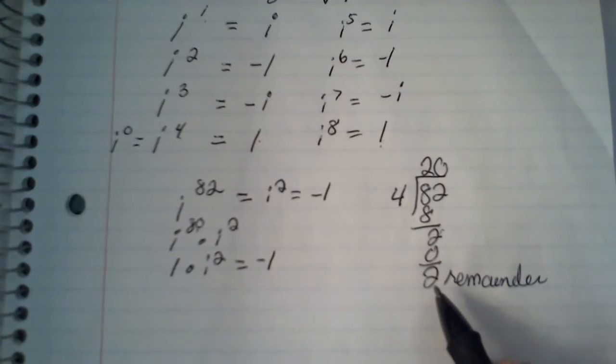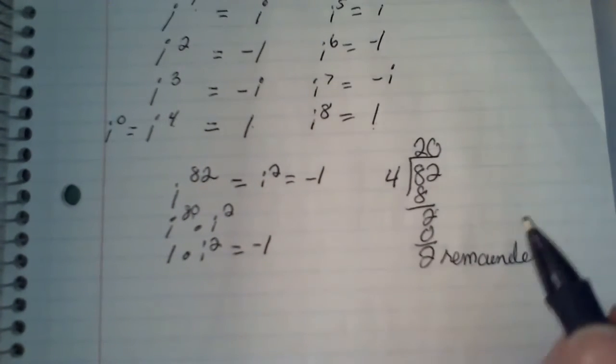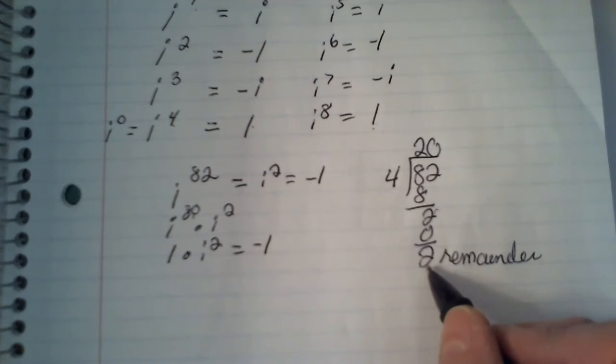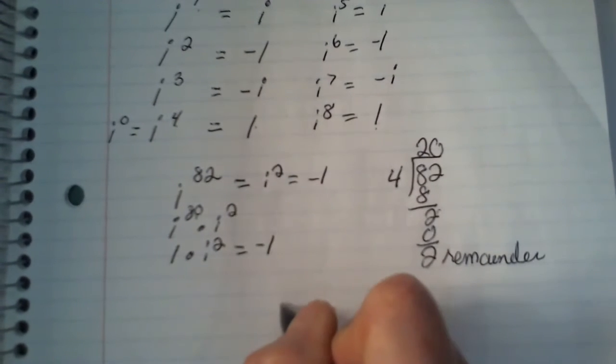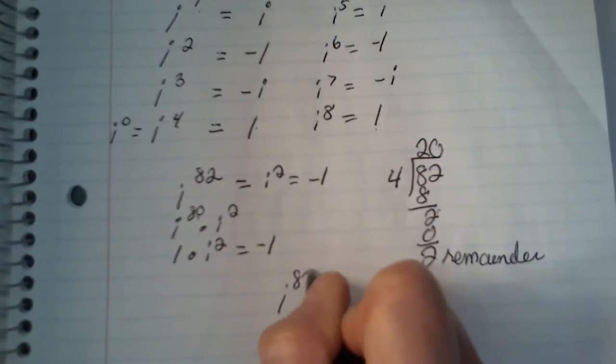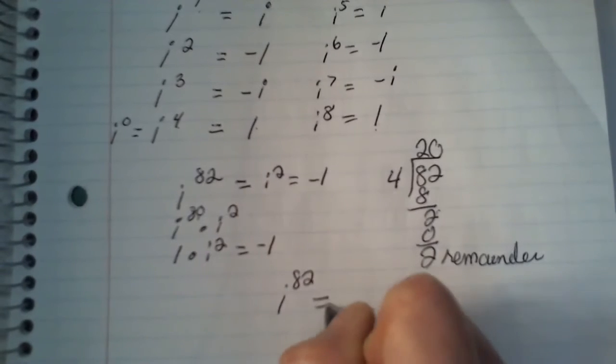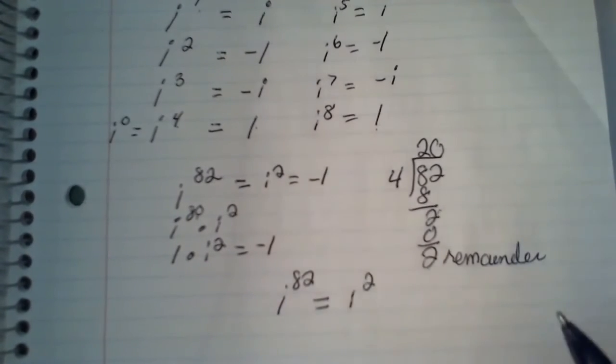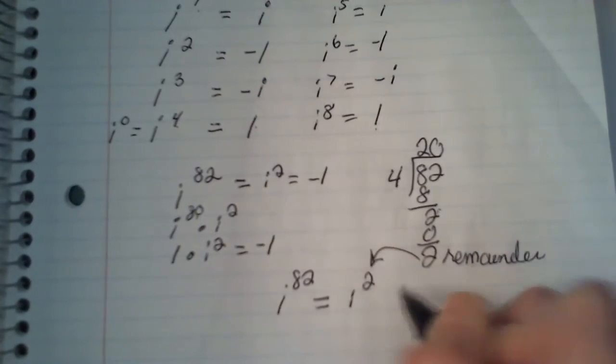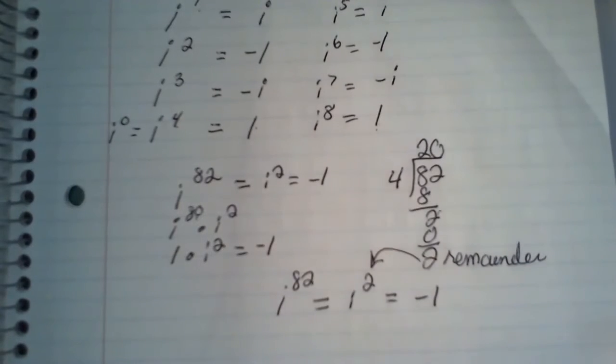Whatever my remainder is, that is the power of the i value. So in other words, i to the 82nd power is equivalent to i to the second power, which equals -1.